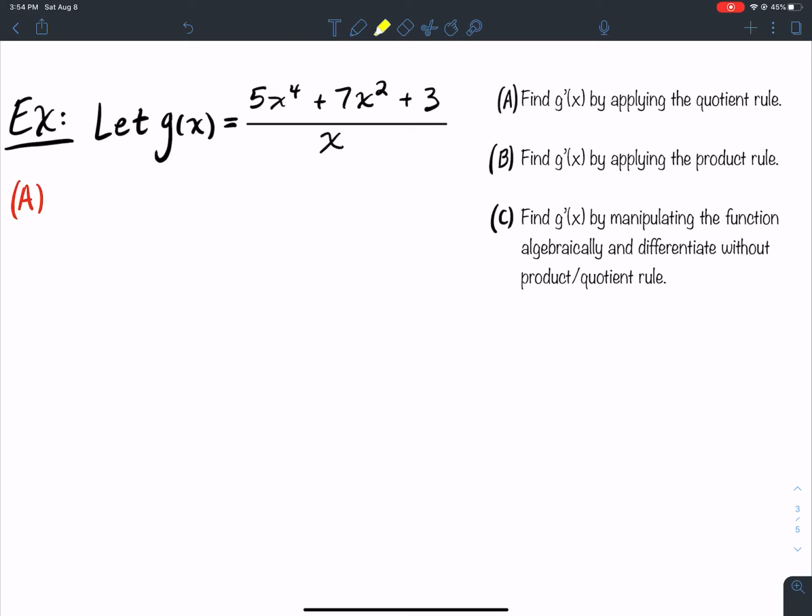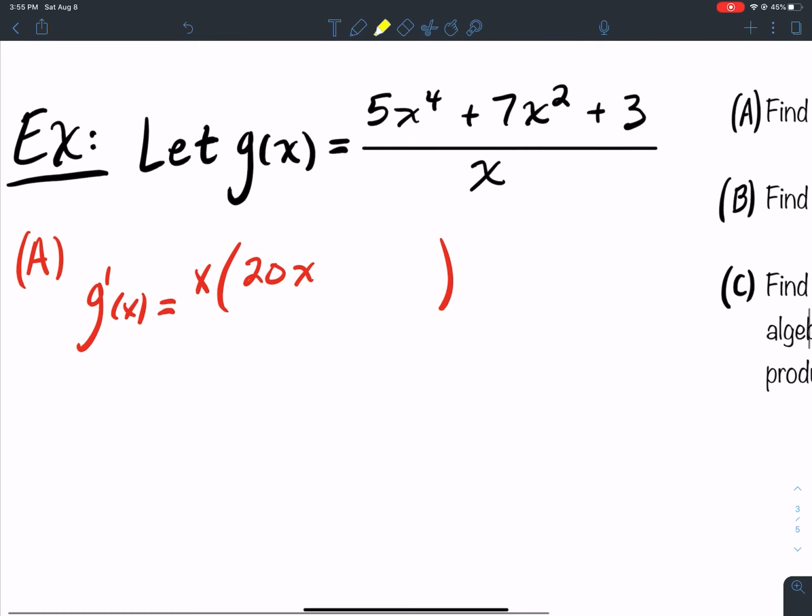So the first one, I'm just going to do the quotient rule. Low d high minus high d low all over the square of what's below, or all over low, whatever, right? So what is it? Low is x, d high, the derivative of the numerator, the derivative of 5x to the 4th, bring the 4 out front, that's 20, and then subtract 1 from the exponent, that's x cubed, okay?